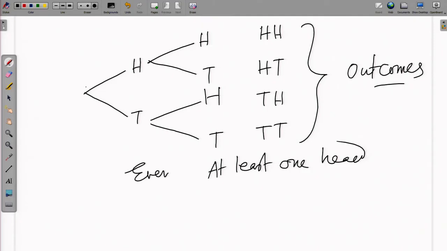If that is how I define this event, then I will have these 3 cases which are representing this event. So all the outcomes are kind of events, but you can define an event in your own way. Whichever way you define, that will be the event. That's basically the difference between the 2 terms, outcome and event.